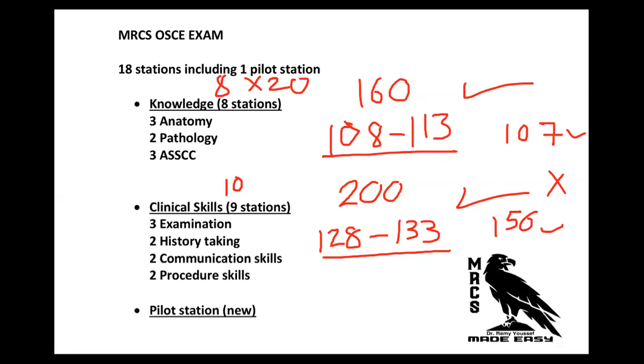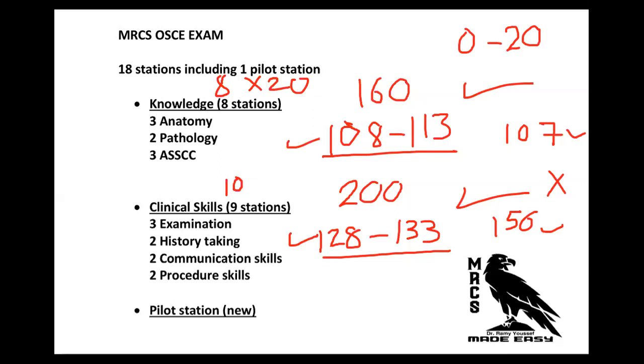This is the first point. The second point is that this is the collective result for all the stations. So if you go to a pathology station and unfortunately you get 0 from 20, it is no problem.